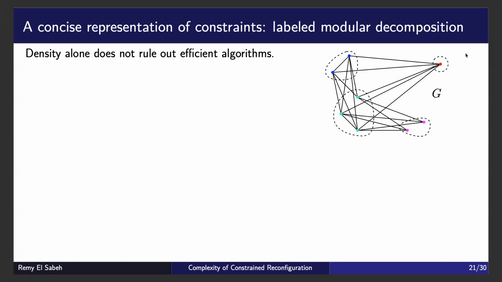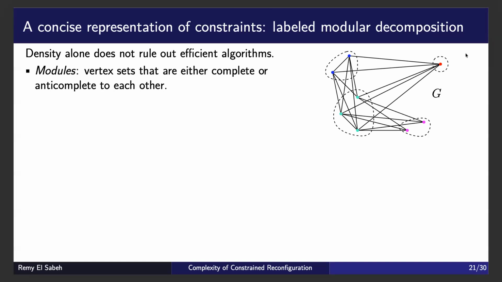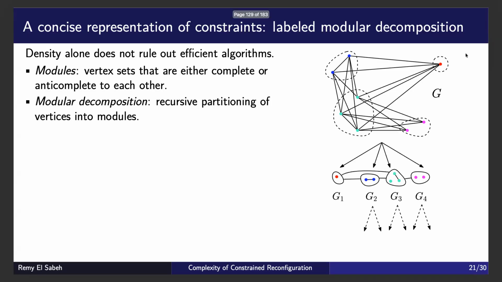Those partitions I'll call modules, and you'll notice that if you pick any pair of modules, the vertices are either complete or anti-complete to each other. Between 2 modules, you either have all of the edges or none of them. That makes it possible to come up with a process called modular decomposition. You can do what I just said recursively, and you end up with a tree.